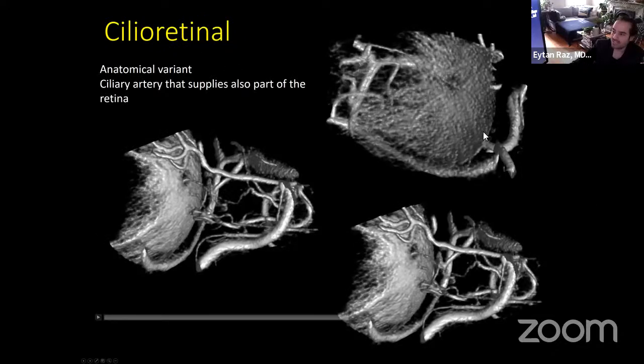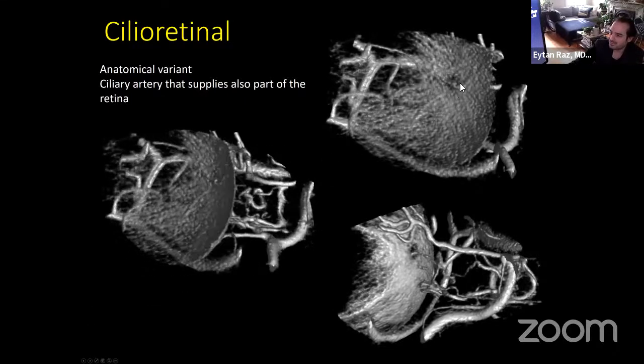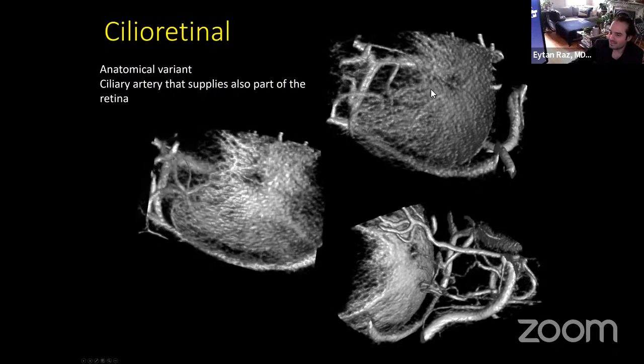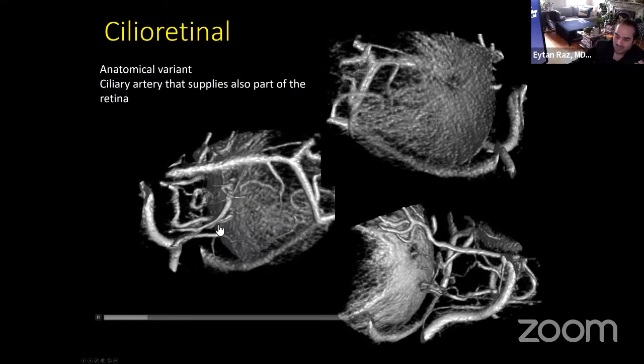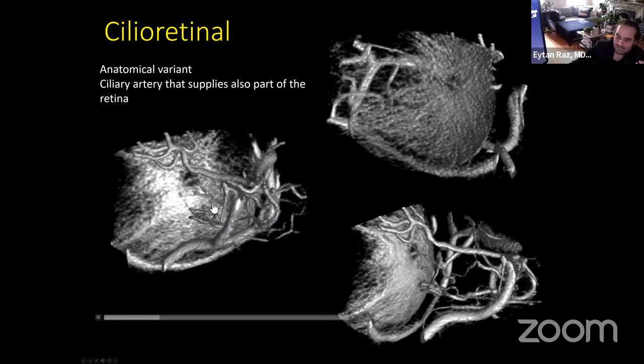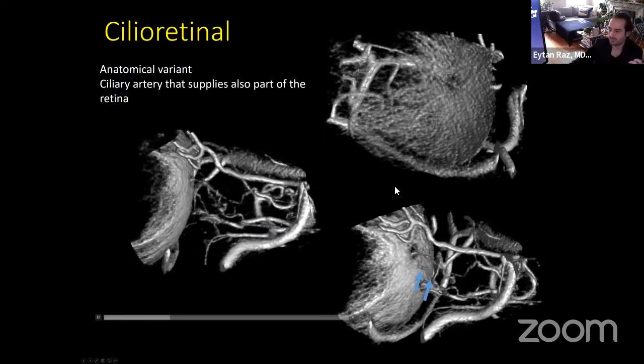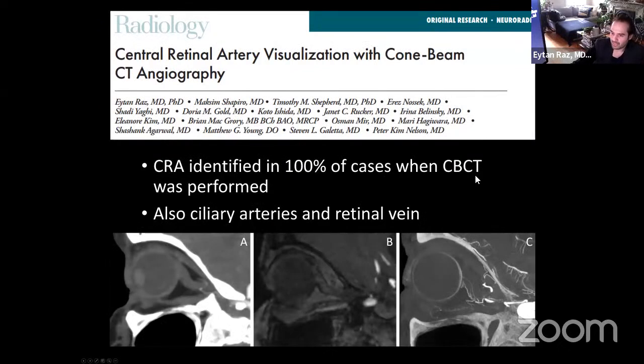You see a cilioretinal artery, which is a well-recognized variant, but is something that is hard for us to see in any other way. Here you see the central retinal artery, but you see also another vessel going to the retina. This is a cilioretinal branch. We put together this experience in a paper that was published recently in Radiology.